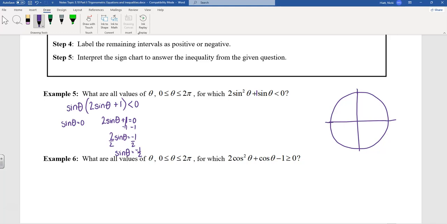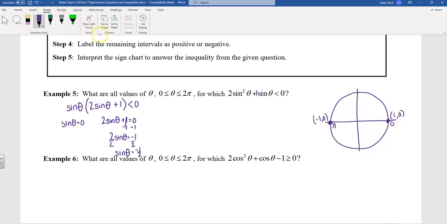So, I need to know where sine is 0. Sine is my y coordinates. Sine is 0 right here. Coordinates right here are 1, 0. And the coordinates right here are negative 1, 0. That is at 0, pi.